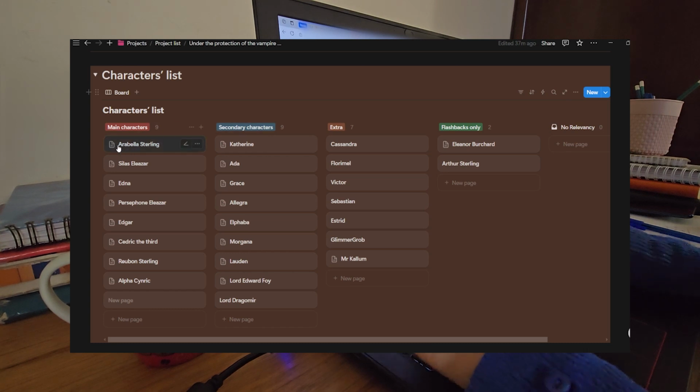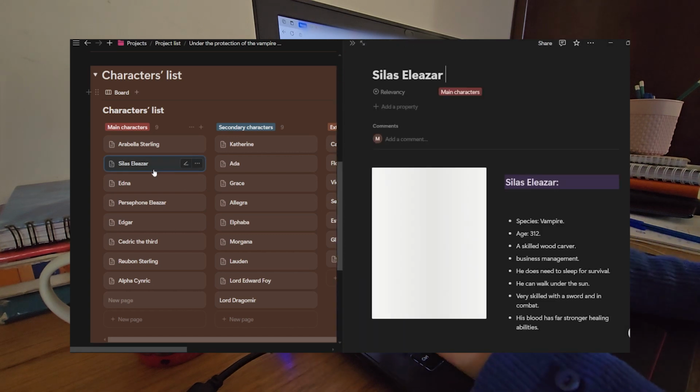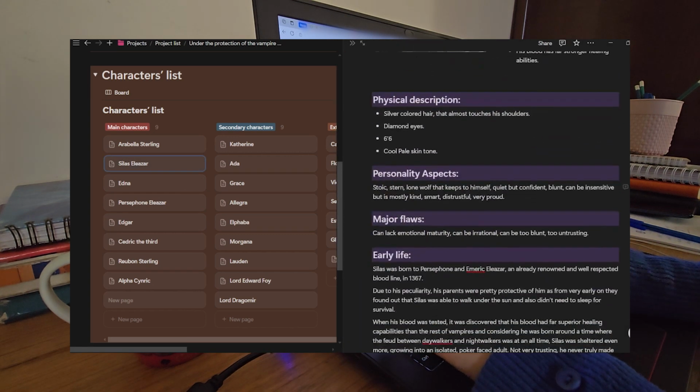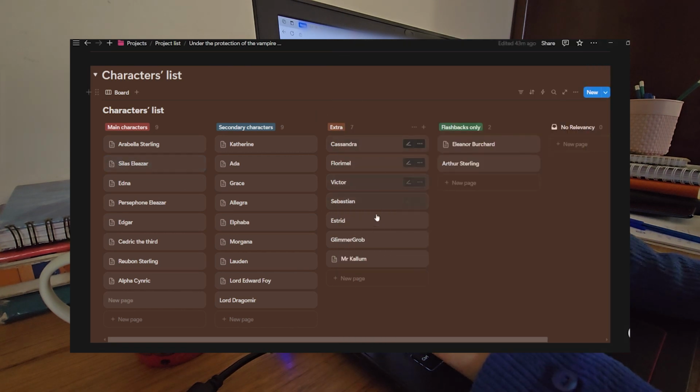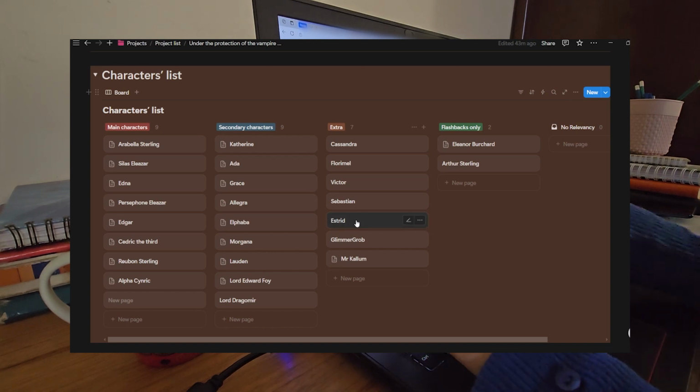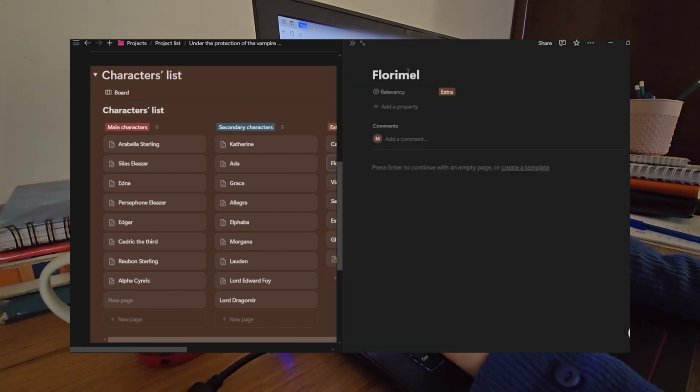As for their charts, the names here are followed by a page icon that we can click on to open them. These are the charts. Those who don't have an icon don't have a chart just yet. I've started with the most relevant ones and those that appear often in the first act.